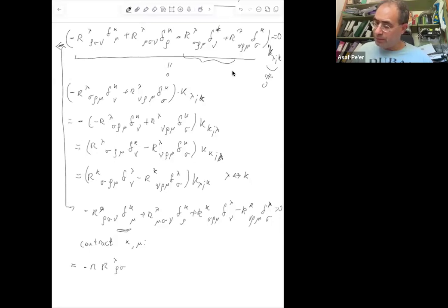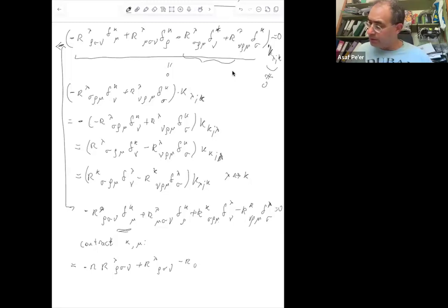So n R_lambda rho sigma nu plus, here I have contraction of kappa and mu, so I get plus R_lambda rho sigma nu, minus R. Here I'm contracting lambda kappa and mu. I switch that and I simply get the Ricci.